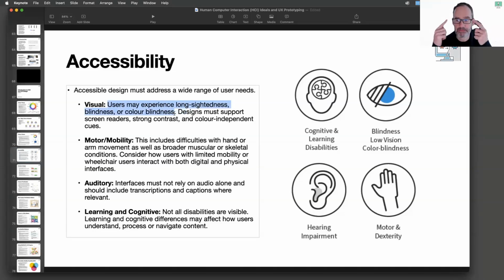Like I have a certain problem seeing now as I'm getting a bit older, so I wear my glasses. Designs must support screen readers, strong contrast, and color independent cues. So we're trying to make our design as accessible to somebody as possible.